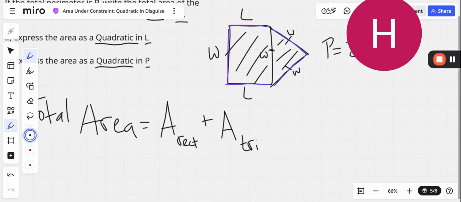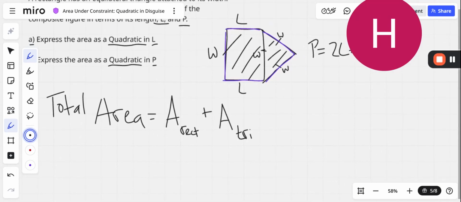Rectangle area is pretty easy. That's a blast from the past in geometry. So that's simply going to be L times W plus the area of this triangle. That's the area of an equilateral triangle.